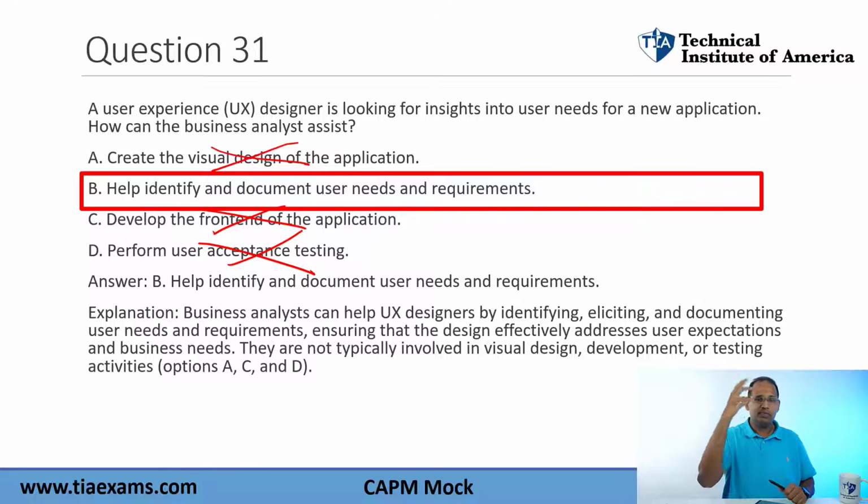Remember for your exam, elicitation goes with the BA. The BA goes out and elicits requirements from users. Remember that for your exam. Anytime you see this word elicitation on your exam, think business analyst. Because if you remember in the course I covered, one of the main knowledge areas is elicitation for the BA.